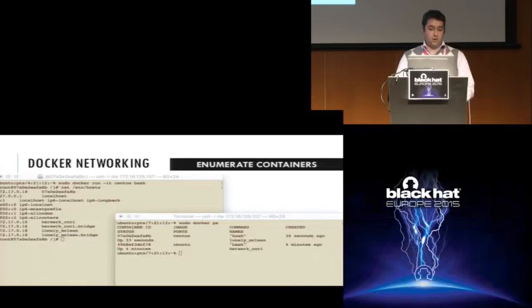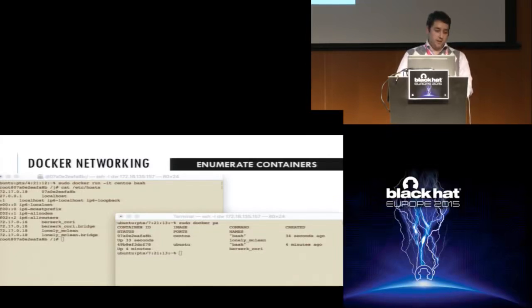So this would be one quick, simple example: if you're on container A, you can see all the IP addresses and host information for all the other containers on the same container host. If you are thinking about EC2 in AWS, the analogy there would be you turn on a virtual machine, an AMI in Amazon, and you can see all your neighbors.